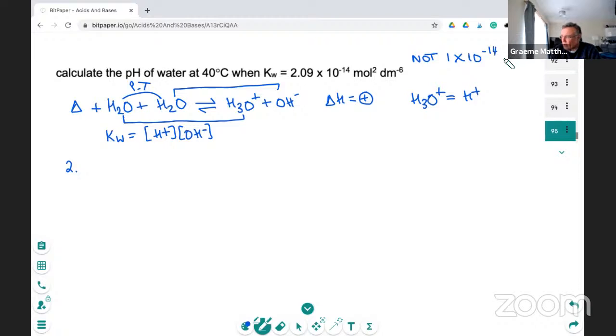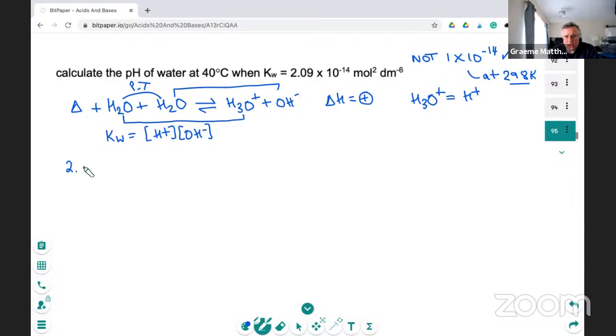What they're playing at here, chemists, is trying to confuse you into thinking, I thought that Kw was 1 times 10 to the minus 14. No, Kw is 1 times 10 to the minus 14 at 298 kelvins. This is not 298 kelvins, and because of that, the value of Kw is changed.